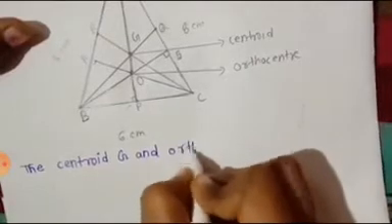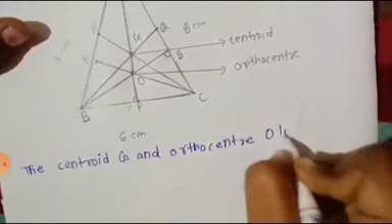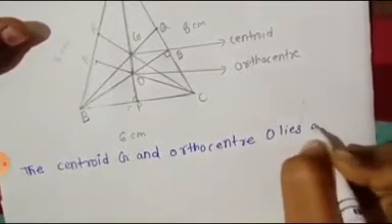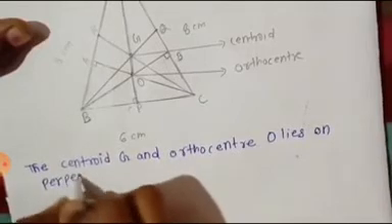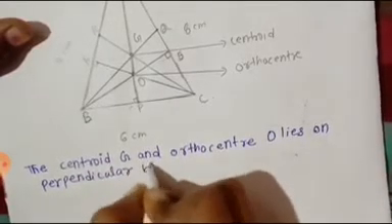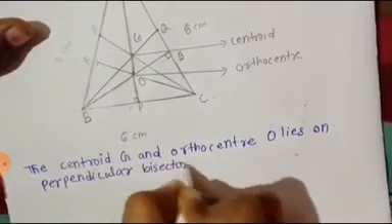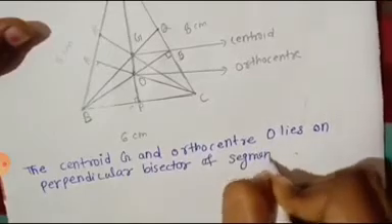And the orthocenter lies on the same perpendicular bisector. Both the points G and O lie on the same perpendicular bisector AP.